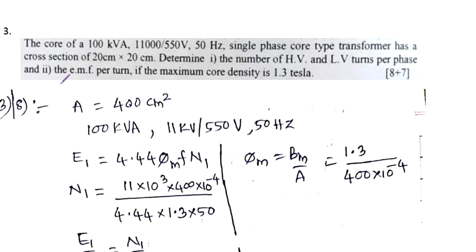The second part of the problem is the EMF per turn if the maximum core density is 1.3 Tesla, right? Tesla is nothing but Weber per meter square. Again we have to get all the known values here. So area is equal to 400 centimeter square, which is 20 into 20, and we have a 100 kVA, 11 kV by 550 volts, 50 Hz transformer.